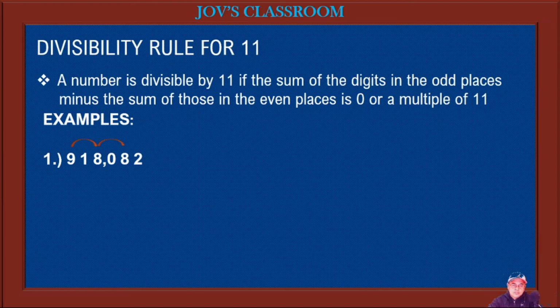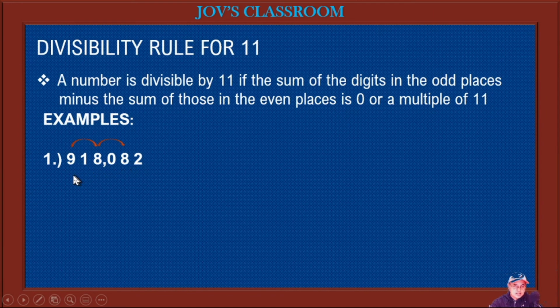First we need to get the sum of the odd places by simply going to the first digit, 9, and then skip 1, and so on. So these are the odd digit places: 9, skip 1, 8, and then 8.